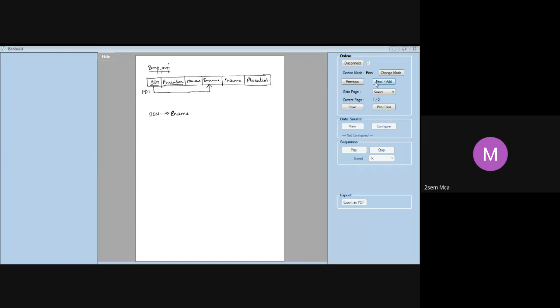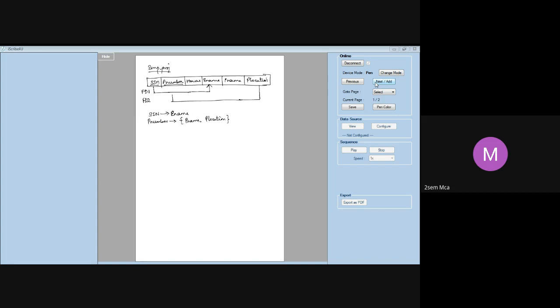SSN implies E name. Next, I have taken P number implies P name, comma, P location. This is my second functional dependency. So FD2: P number determines P name and P location.